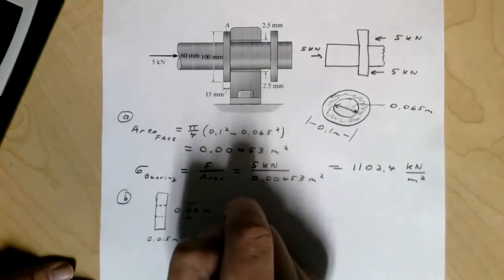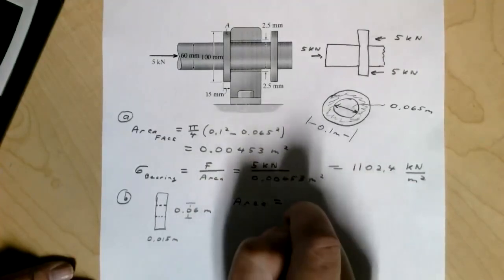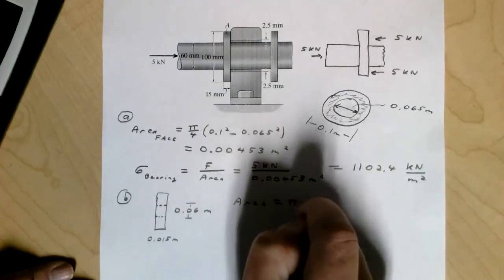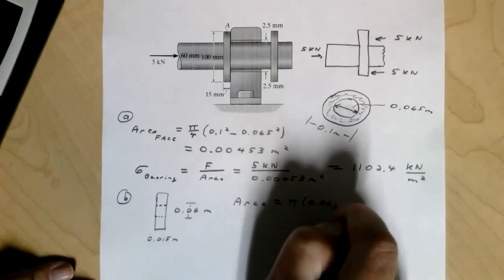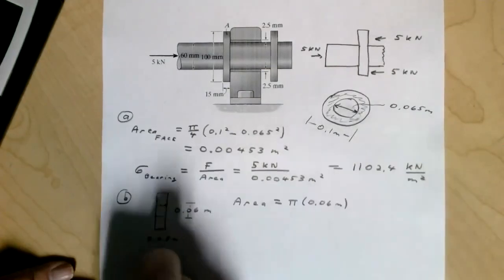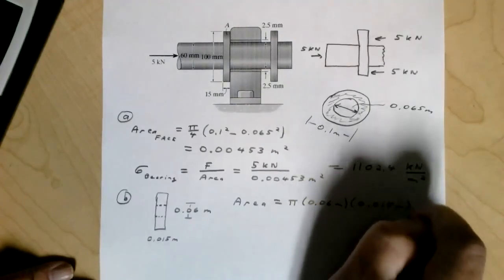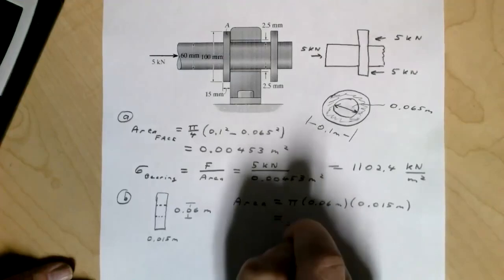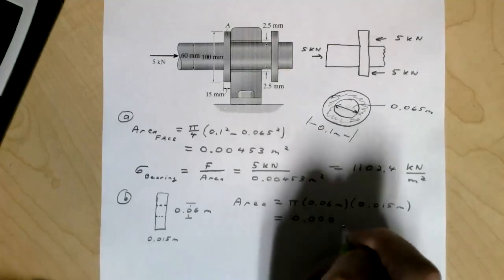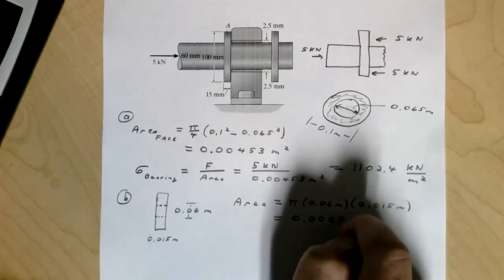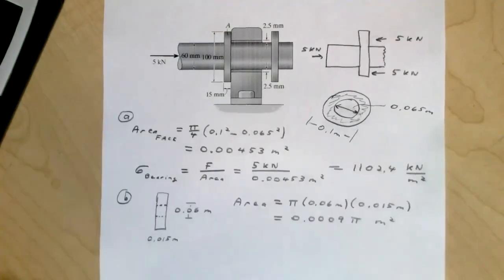The area that's going to resist the shear will be the circumference, pi d, times this length. That's going to be 0.009, and I'll leave the pi in it, pi meters squared.